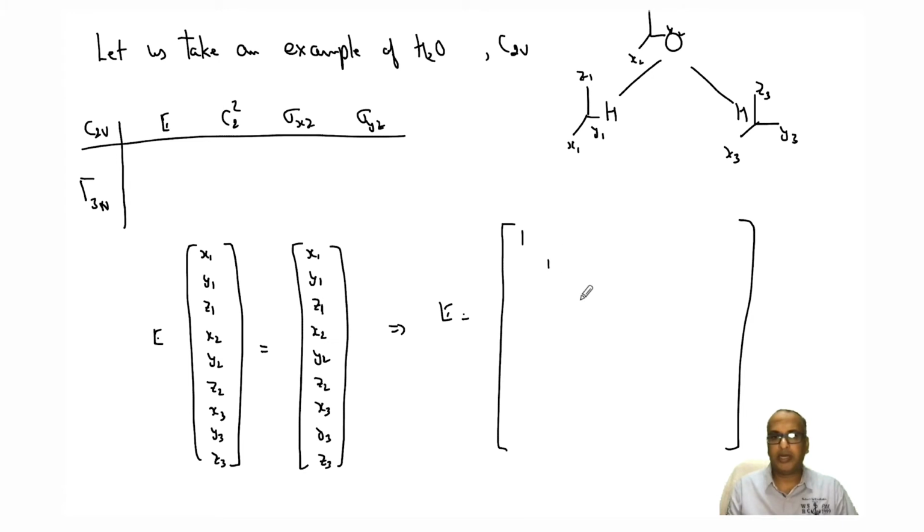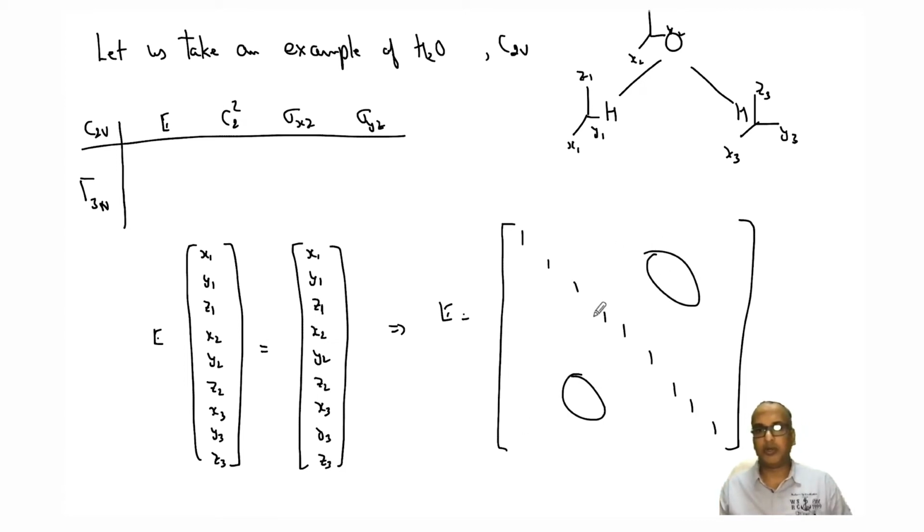So all my diagonal elements, 1, 2, 3, 4, 5, 6, 7, 8, 9, and the rest everything will be 0, right? So I'm not going to write all the elements. Everything else will be 0, and you have diagonal as 9. So my trace will be coming as 9, right? So everything will contribute.